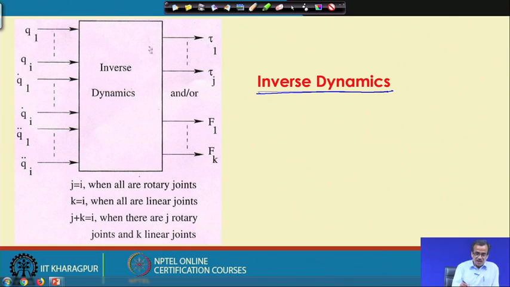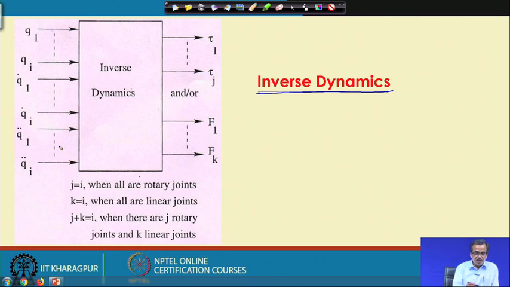Now, let us concentrate on this particular block diagram, the input side and the output side. Now, in the input side, I have written q 1, q 2 up to q I, then q 1 dot, q 2 dot up to q I dot, then q 1 double dot, q 2 double dot up to q I double dot.